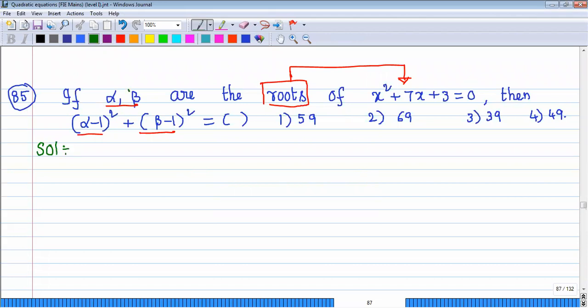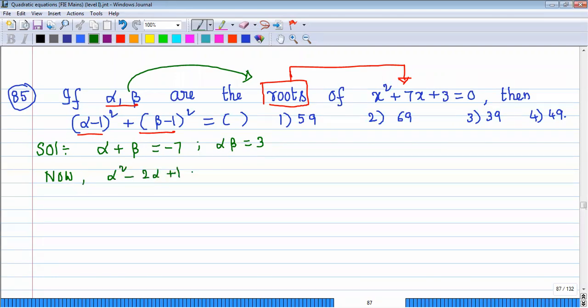Since alpha comma beta are the roots, alpha plus beta is equal, directly I will write minus 7, whereas alpha beta is equal to 3. So now the expansion of alpha minus 1 whole square becomes alpha square minus 2 alpha plus 1. Similarly, in terms of beta, you will be getting beta square minus 2 beta plus 1.